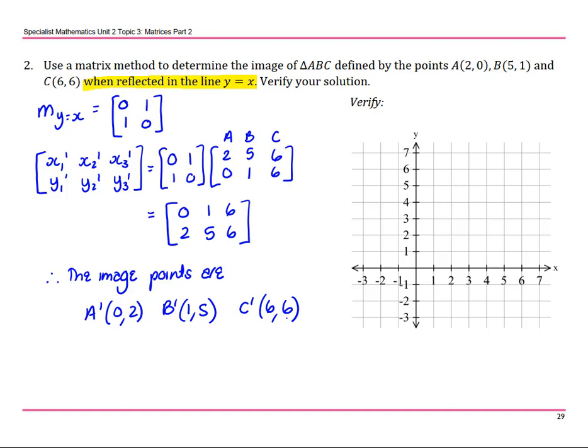Now to verify that, A is (2, 0), B is (5, 1), and C is (6, 6). And then the image of A is (0, 2), the image of B is (1, 5), and the image of C is (6, 6).